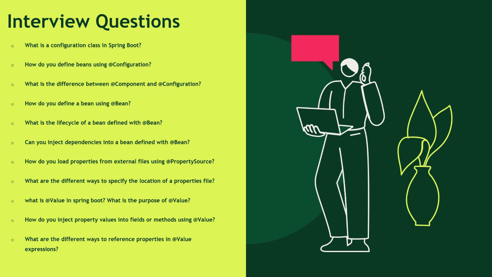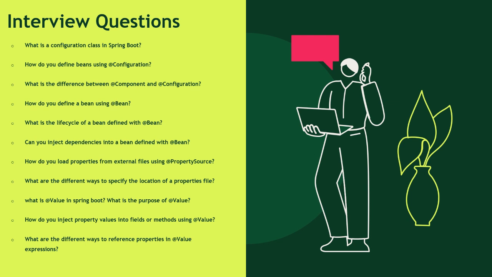These are all sub-annotations of @Component. Now @Configuration will define that there is certain configuration level information in this particular class. It will indicate that it's a configuration which we need to configure based on the class path and based on the annotation classes defined in it.